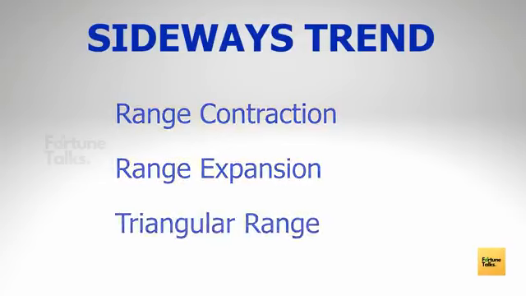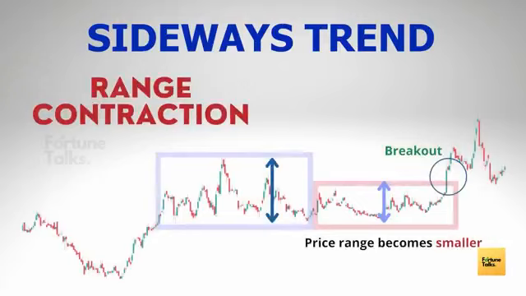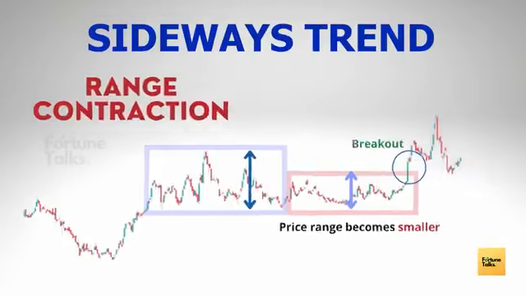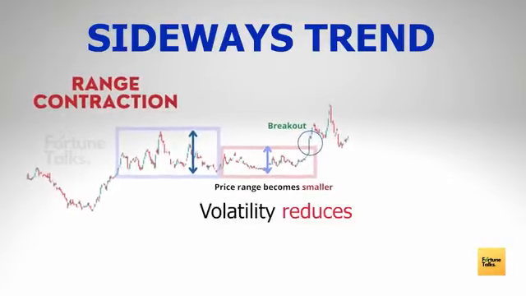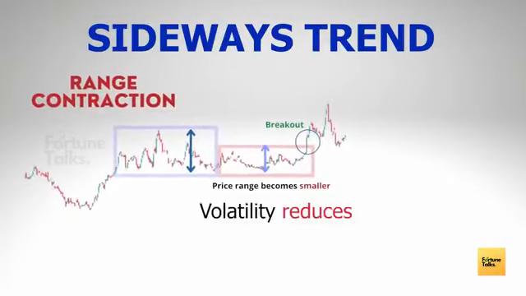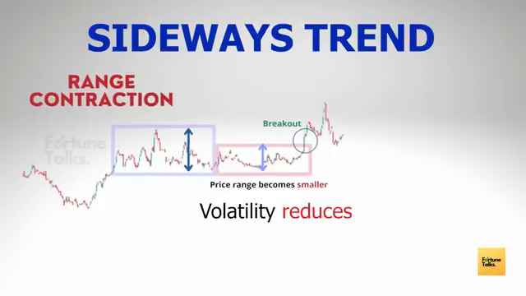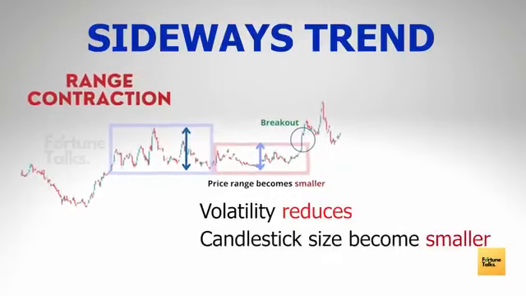Let's talk about range contraction first. During range contraction, the levels shrink and the price action becomes almost neutral or flat. This shows the lack of any interest between buyers and sellers. The volatility in the market also drops. So range contraction happens when there is a shortening of the price bars, or simply the candlestick sizes reduce.